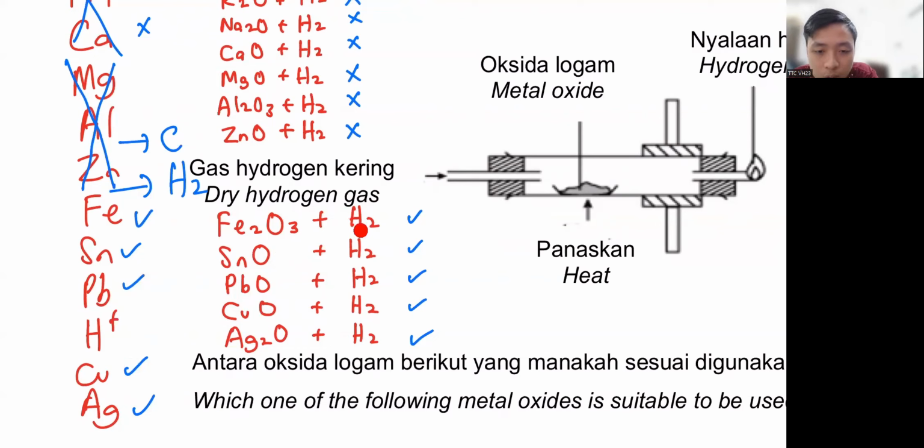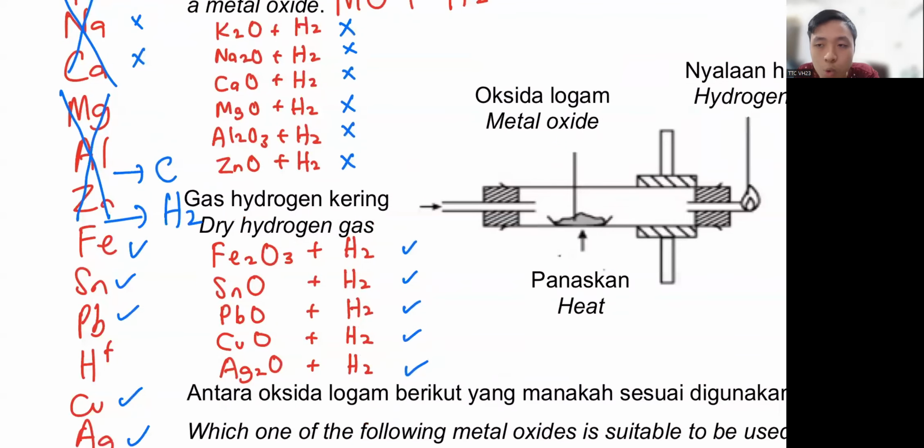So hydrogen, which is stronger, can take away the oxide from Fe. Same thing as this. Ag is weaker, so hydrogen can take away. Like for example, like a couple. So this one boy, this one girl, I can take away the girl. Example. Who is stronger can take away who.